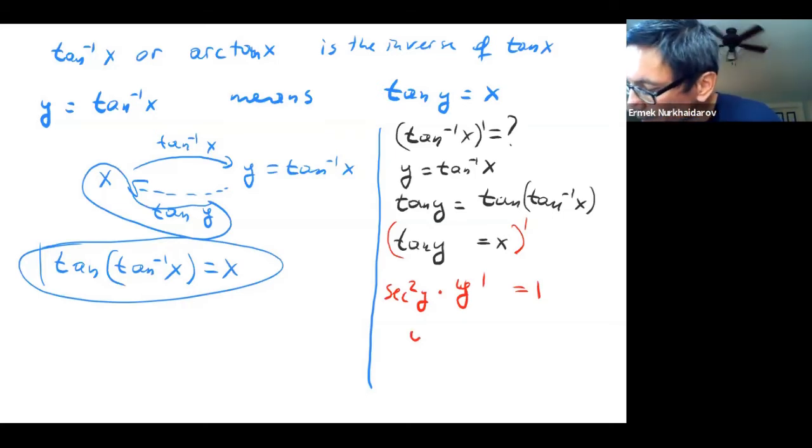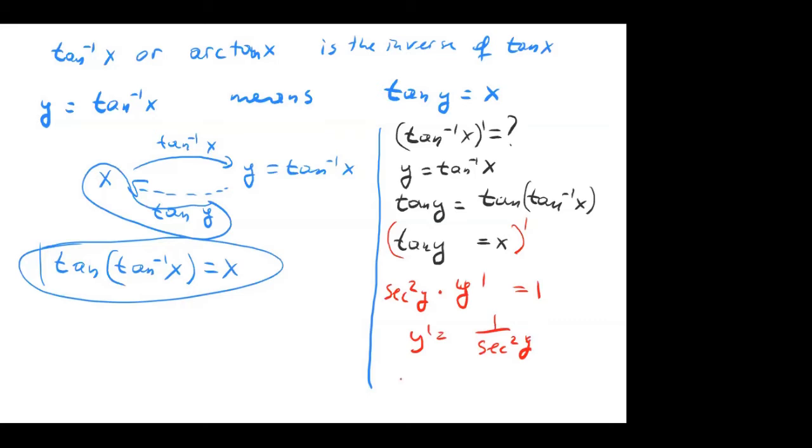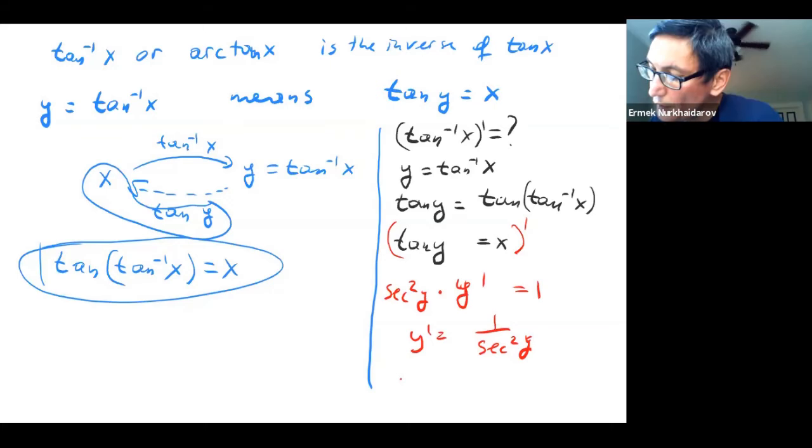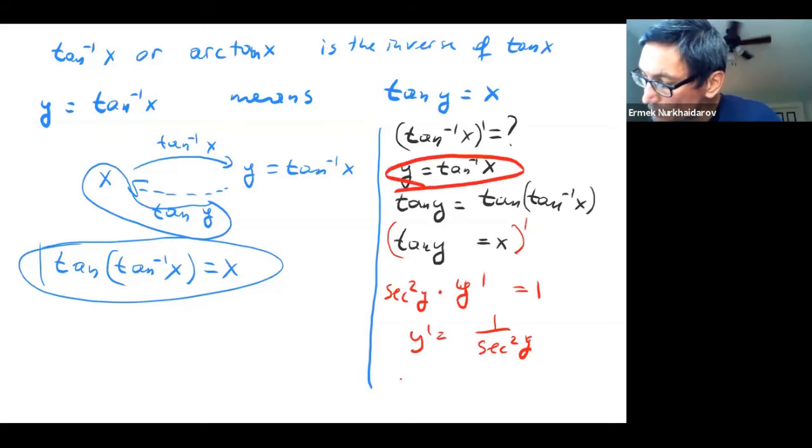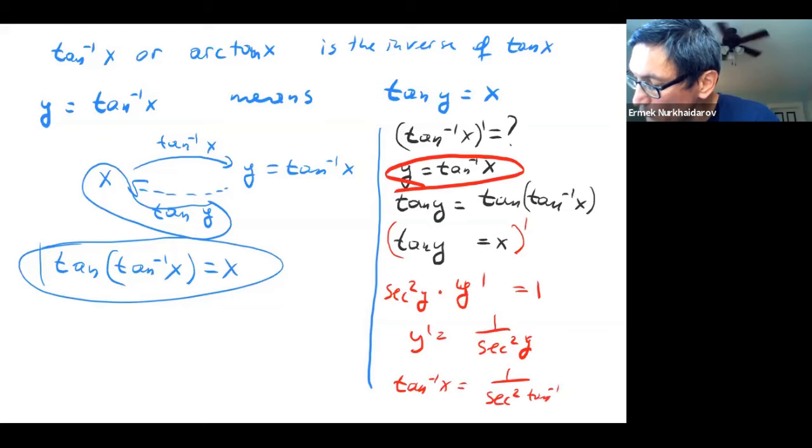Solve for y prime: 1 over secant squared. Do back substitution, because you recall that y equals tangent inverse of x. So the derivative of tangent inverse of x equals 1 over secant squared of tangent inverse of x.